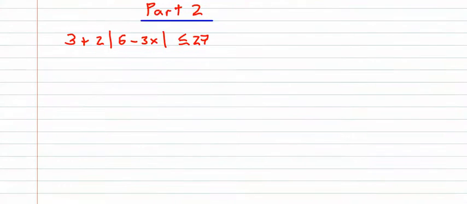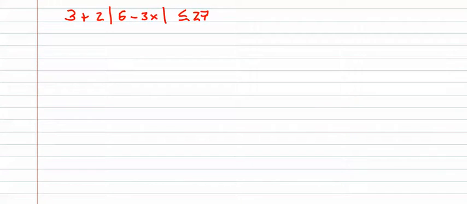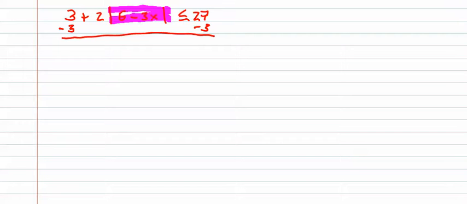All right, first thing we want to do is isolate the absolute value. So I subtract 3 from both sides. When I say isolate the absolute value, I want this all by itself.